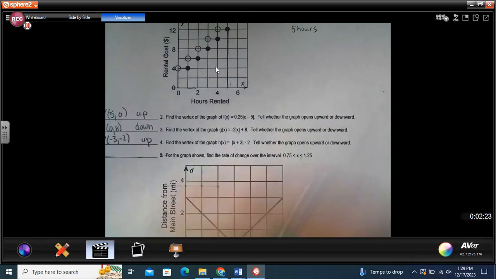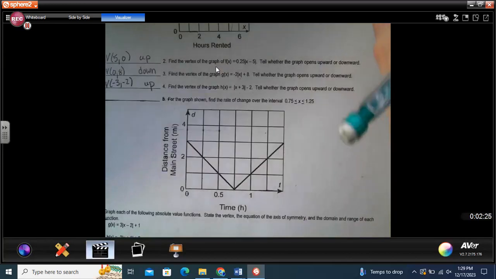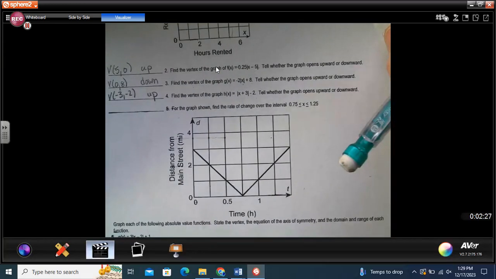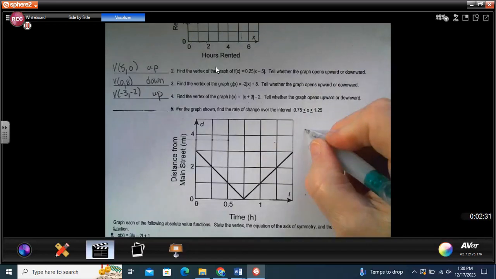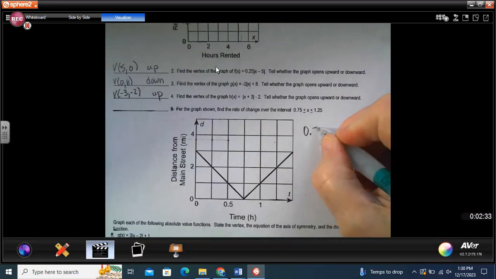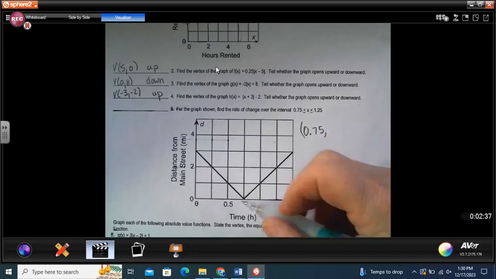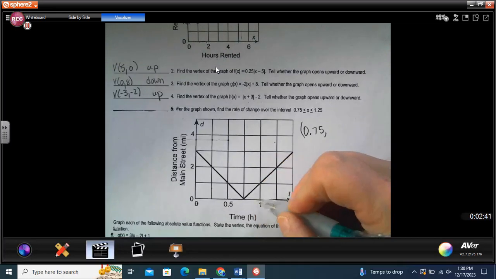Okay, so this next problem, we're supposed to find the rate of change on that interval. So that means I have the point 0.75, comma, the 0.75 would be, here's 1, 0.75 would be here.